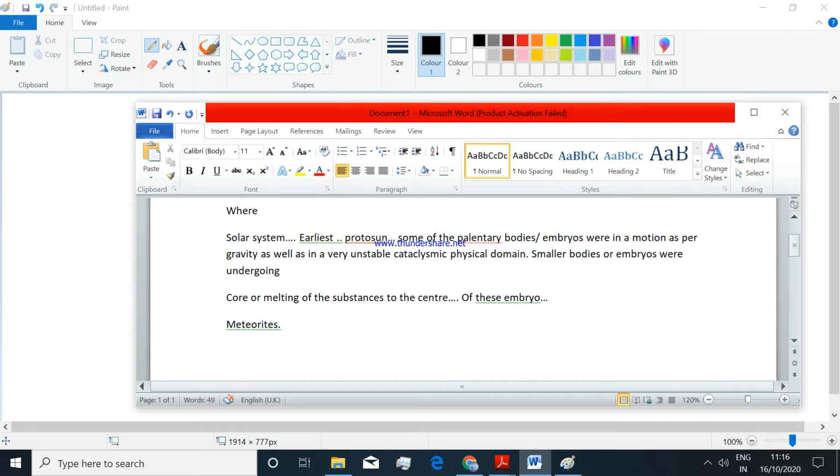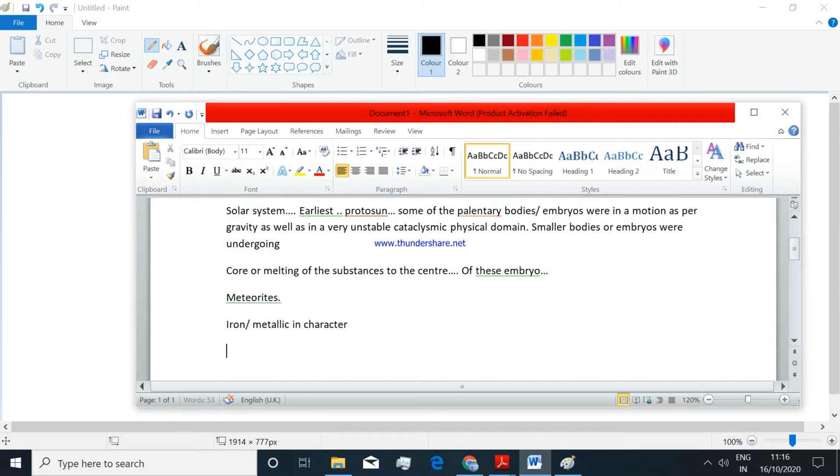Now, meteorites can be, as I have told, one iron or metallic in character, and another non-metallic, much more silicate or silica rich, with minerals like olivine and pyroxene in them.